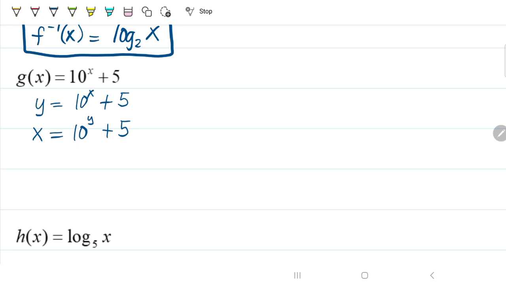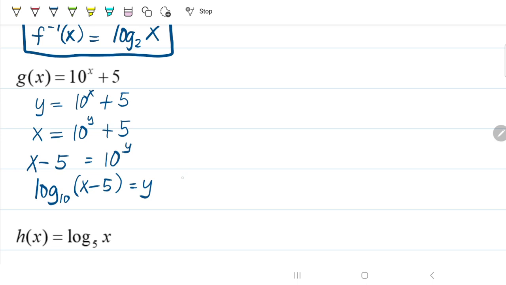Okay, so we're going to solve again for y in terms of x. We have x minus 5 is equal to 10 raised to y. Getting the logarithmic form of this, we have log base 10 of x minus 5 is equal to y.